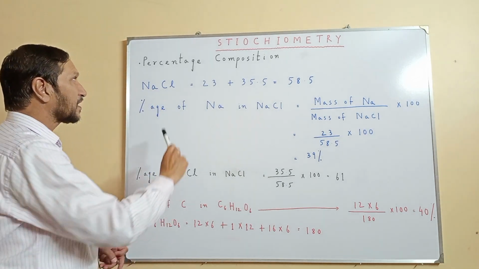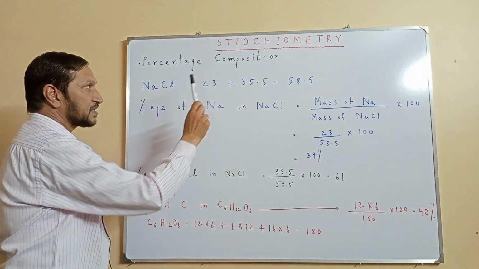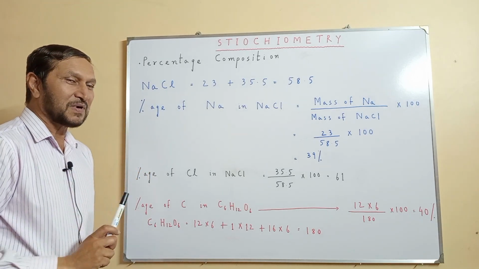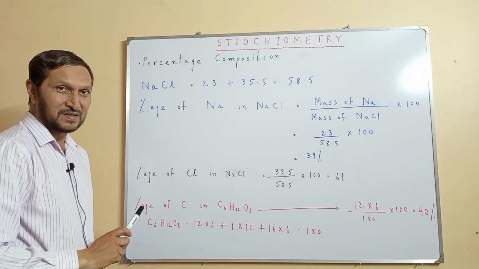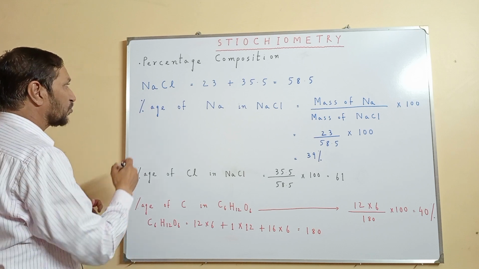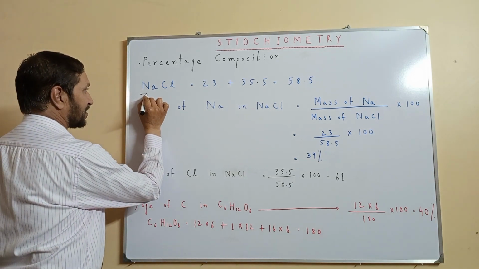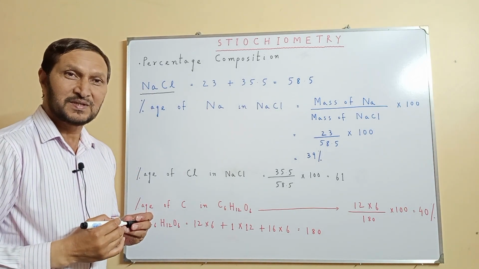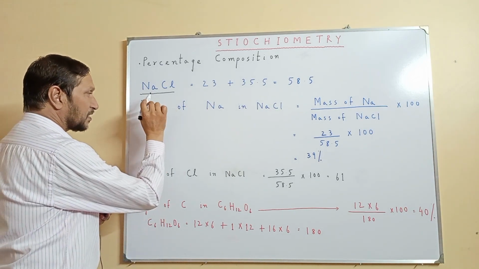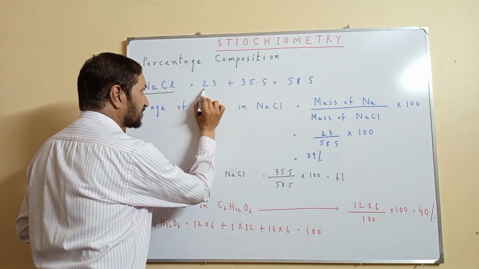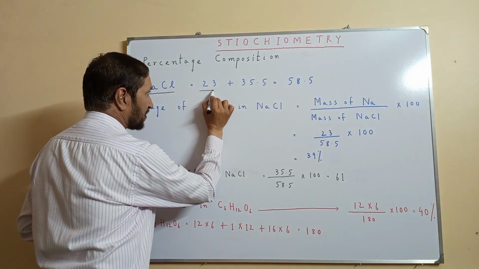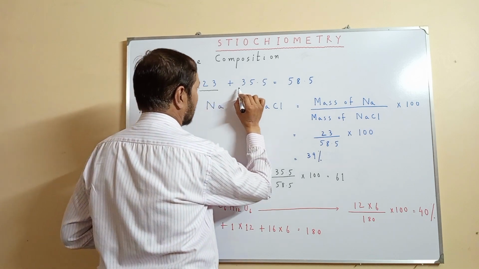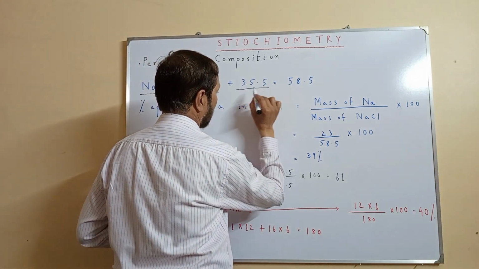Suppose for understanding percentage composition, I will give an example of sodium chloride. The formula of sodium chloride is NaCl. It is the common salt which we use in food. In sodium chloride, the atomic mass of sodium is 23 and the atomic mass of chlorine is 35.5.